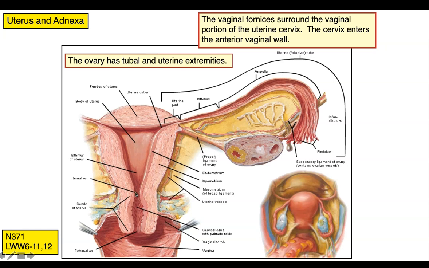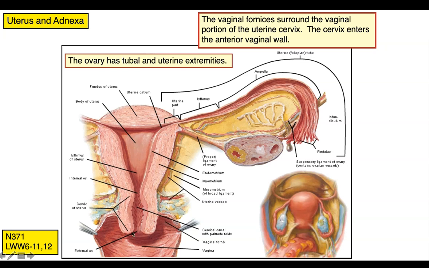I mentioned that the cervix of the uterus projects inside the vagina. The vagina is the birth canal, and it surrounds the cervix of the uterus. The cervix has a supravaginal part and an infravaginal part.